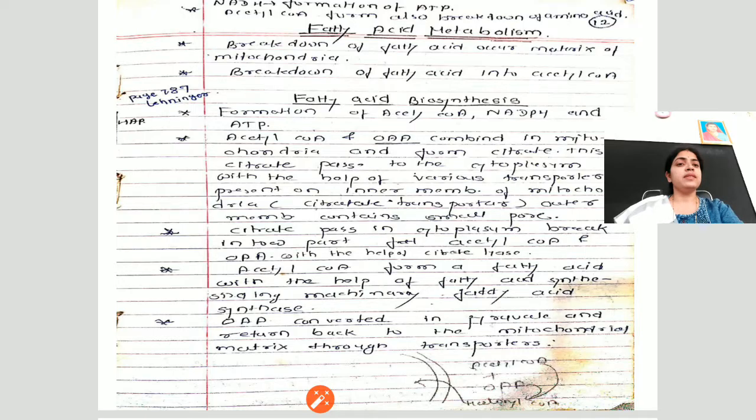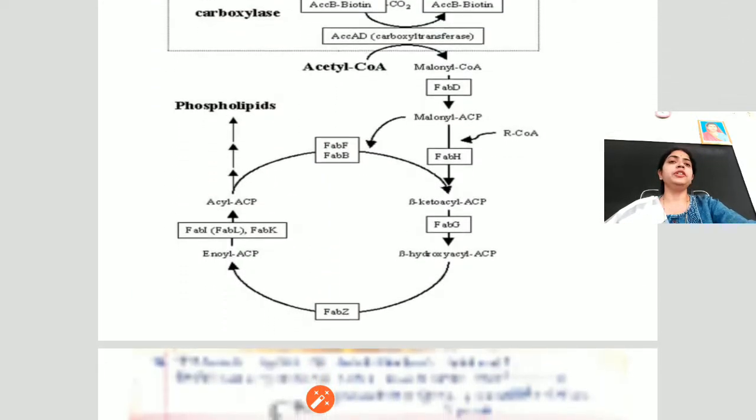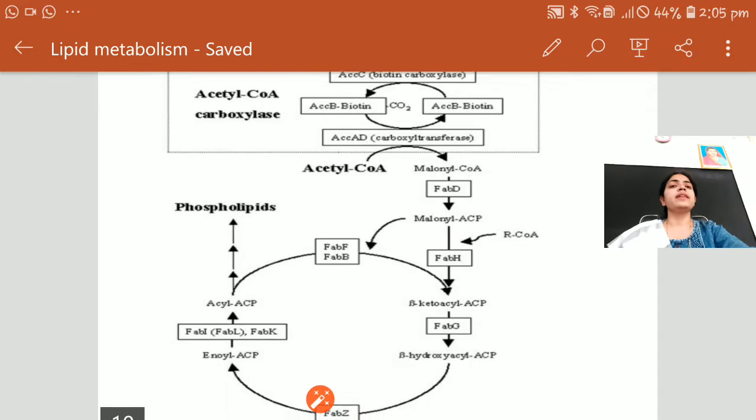In the cytoplasm, the citrate breaks into acetyl-CoA and oxaloacetic acid with the help of citrate lyase. This acetyl-CoA forms fatty acid with the help of the fatty acid synthase complex. The oxaloacetic acid is converted into pyruvate and returned to the mitochondrial matrix through the transporter. This is the fatty acid biosynthesis.